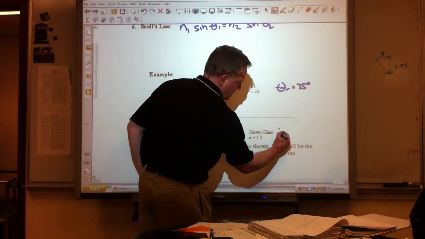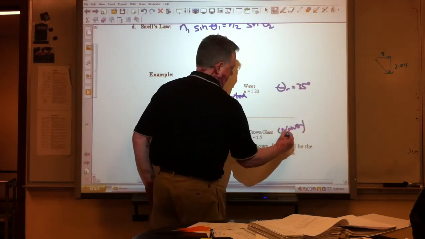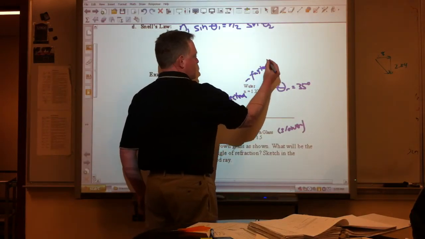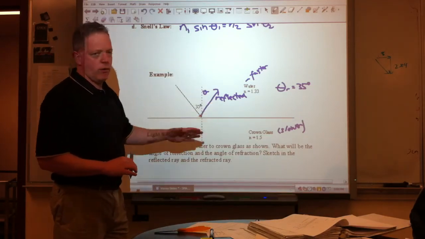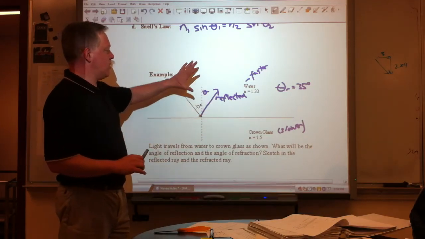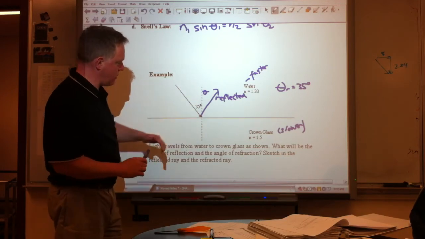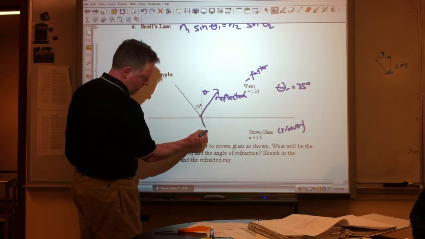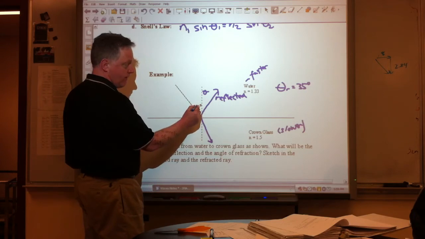So I'm going to make a note that this is the slower material, and this up here is the faster material, because the faster has the smaller n. And we said when we go from faster to slower, what should happen to the angle? The angle is larger where it's faster. So the angle here is 35 degrees. I know the angle in here is going to be less, so I'm going to just sketch it in. It's going to go down a little bit more like this, and this angle here is going to be less than 35.